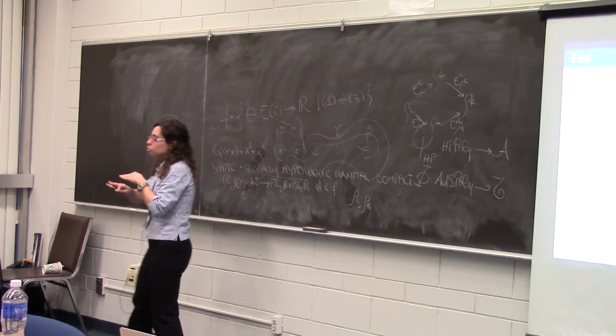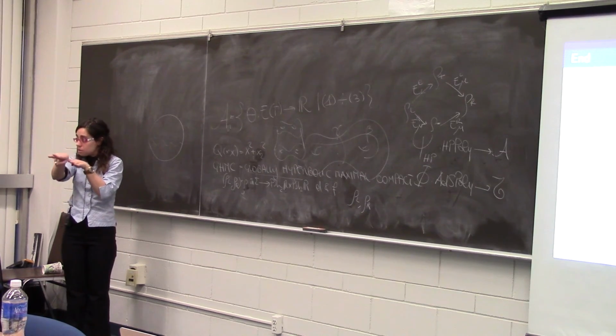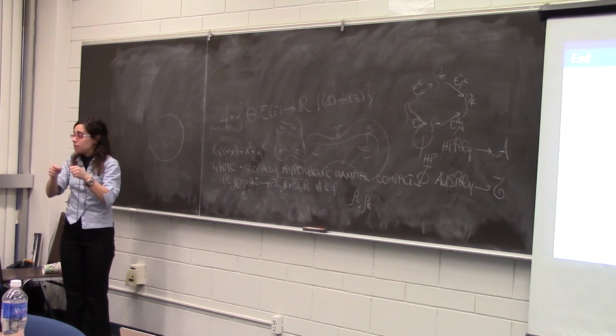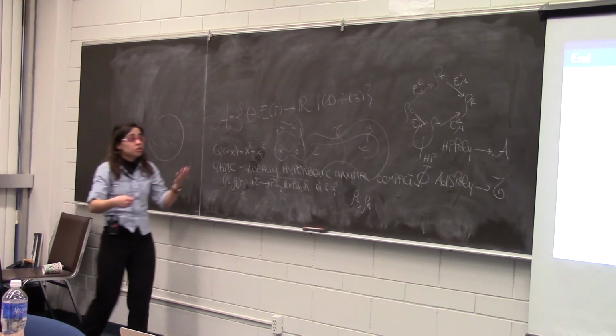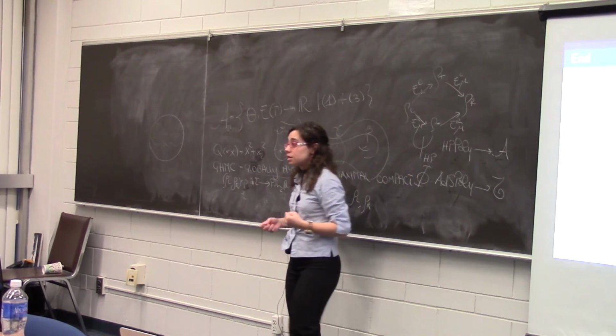So you need to interpret what it means to have these split surfaces, but then you have this earthquake from one surface to the other, and you prove that this earthquake has a fixed point, and that's basically what it does.